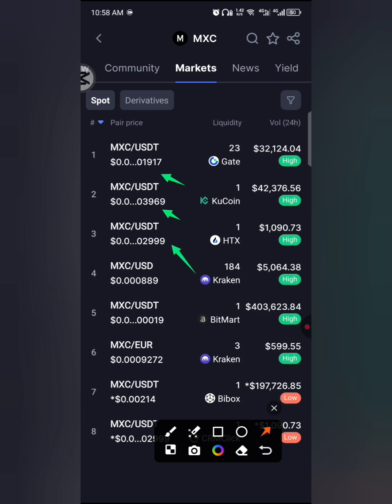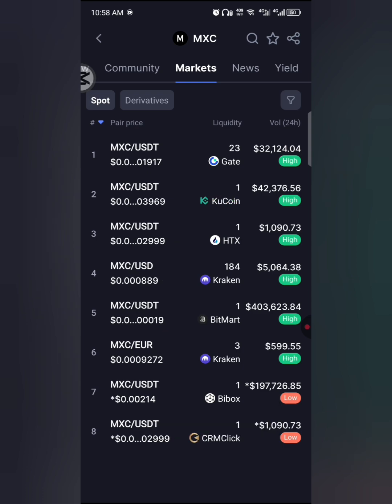Also look at the price on HTX, even though I don't really fancy HTX that much. Now look at the price on Kraken, but Kraken has low volume, HTX has low volume, so we're not using either of them. Then look at the price on Bitmart. All right, so now let's assume we're going to use both Bitmart and KuCoin.